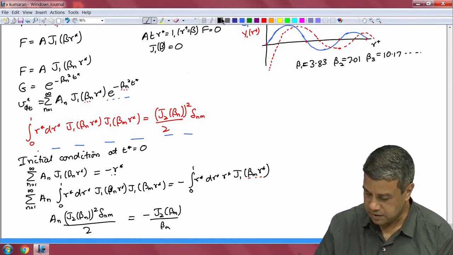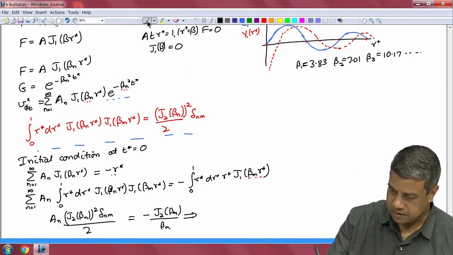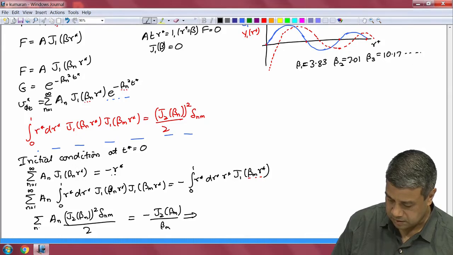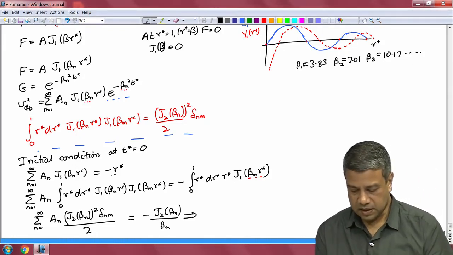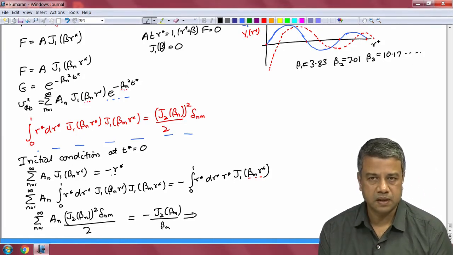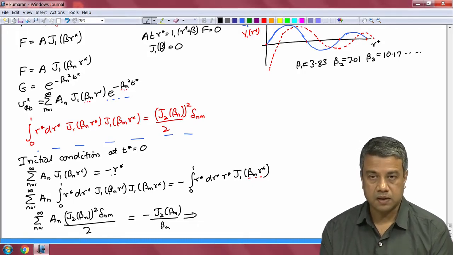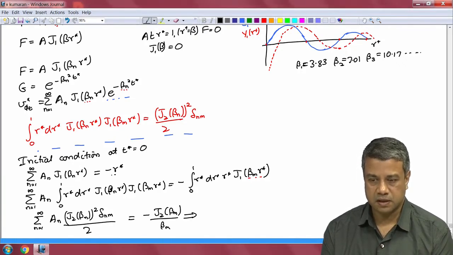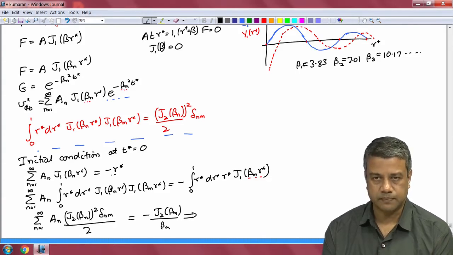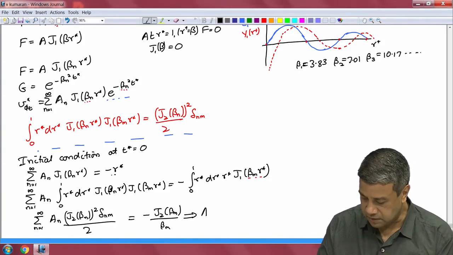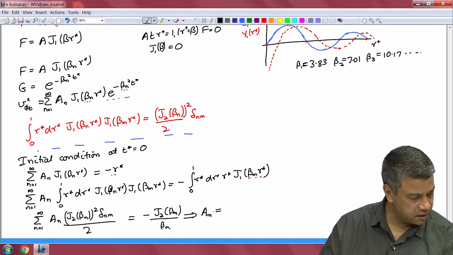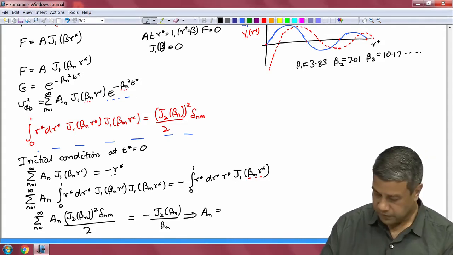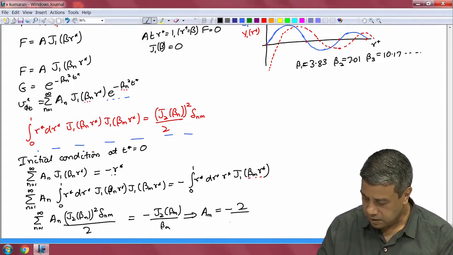And this gives me the coefficients. On the left side, I am sorry, I made a mistake, I have a summation n equal to 1 to infinity. This delta n m is non-zero only when n is equal to m. Therefore, on the left side all terms in the series are 0 except the term for n equal to m. So I can remove the summation, remove the delta function and set n equal to m. This gives me the result for the coefficient a m equal to minus 2 by beta m J2 of beta m.